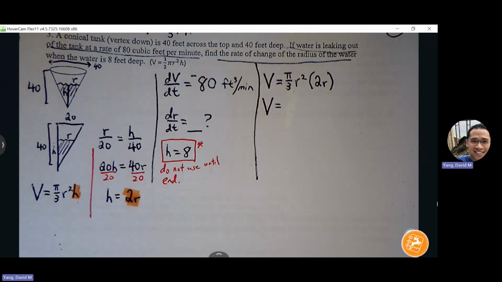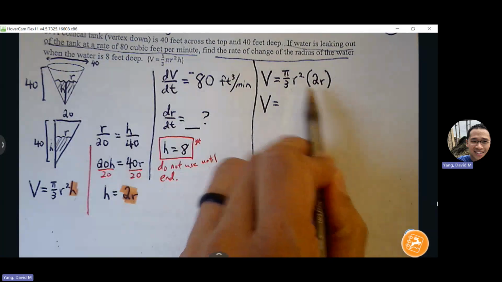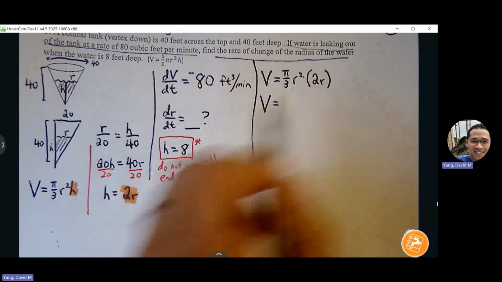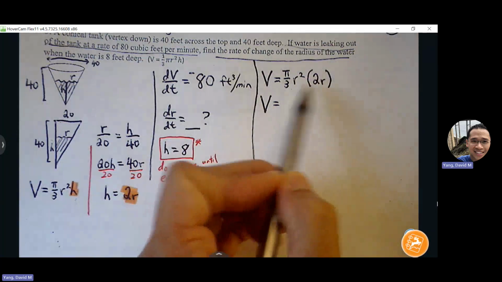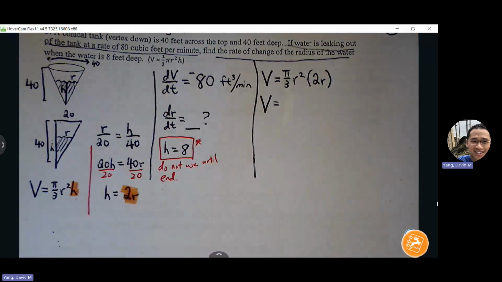We don't have to use product rule, because these are the same variable, right? We can merge. Now, if it was like R and H, like we saw here, then we would have to go through product rule, but we have a way around it. If I have the same variables, I should be able to merge them together. What would that look like? 2R to the third, okay.